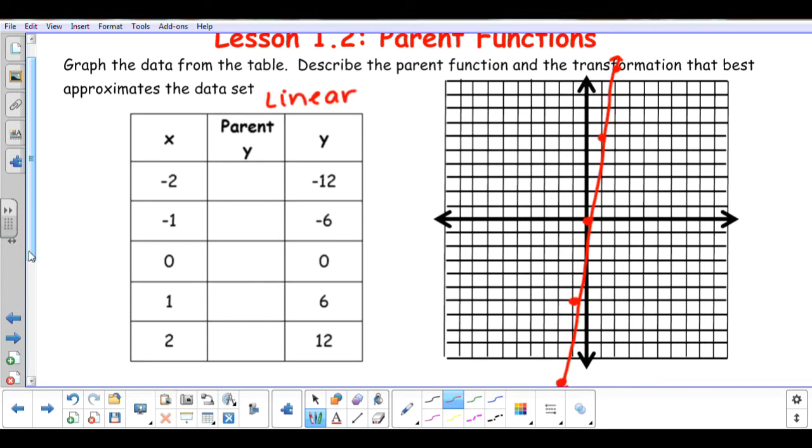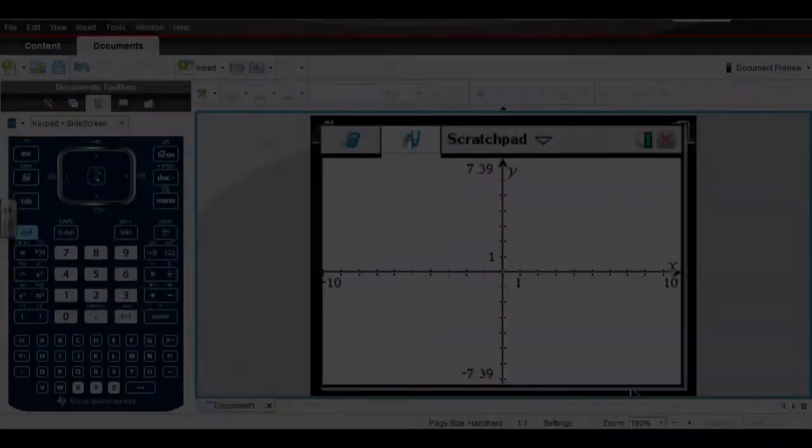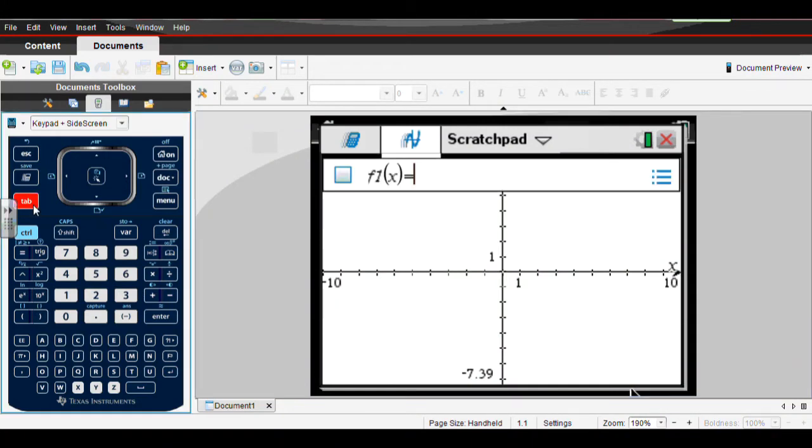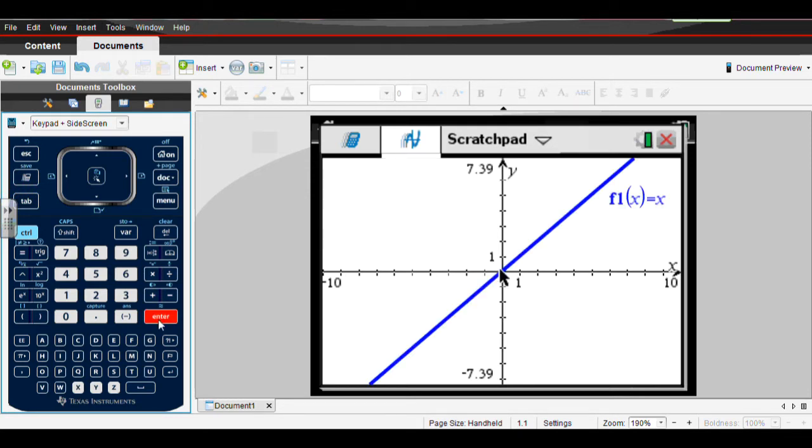So now that I know it's linear, I want to figure out the parent y-coordinates using the x values that I was given. So I can do that using the calculator. In the calculator, I'm just going to type in the parent function. So the parent function for linear is x. So I graphed my parent, and I can see my straight line.